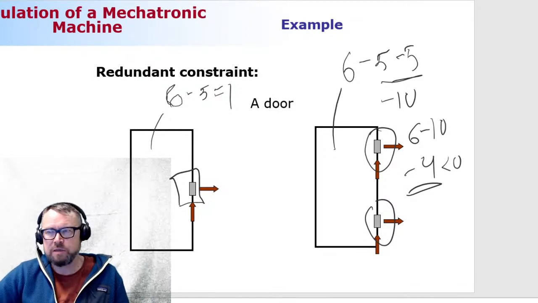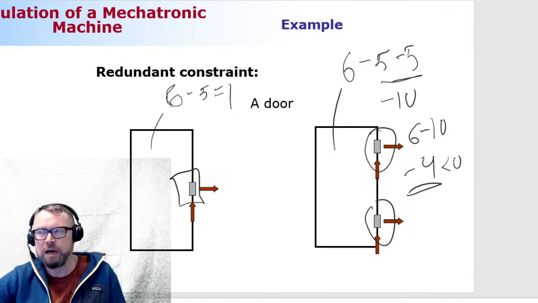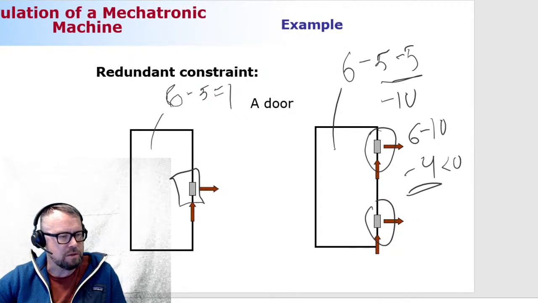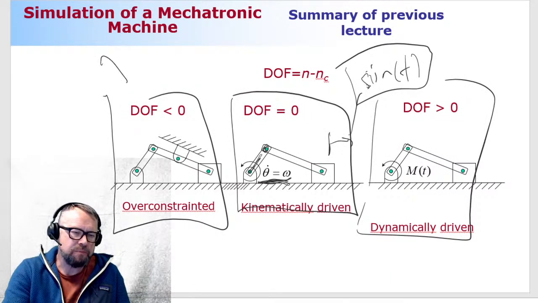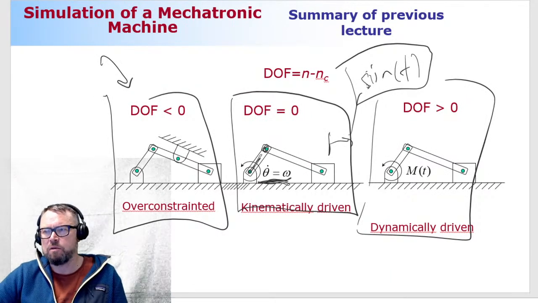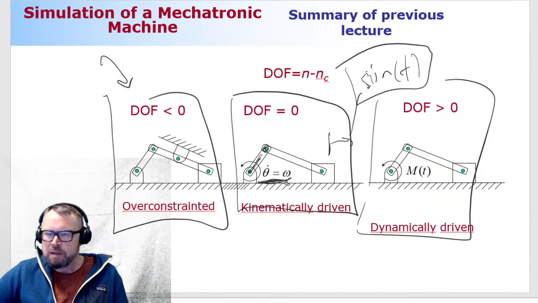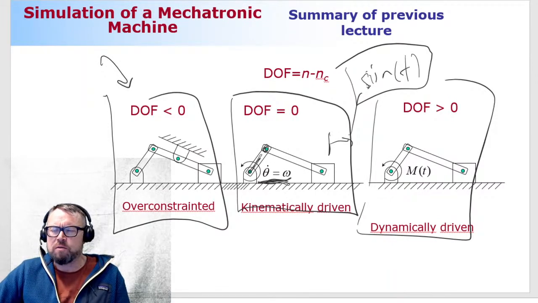And less than 0, if we go back to, where is it, this slide, is our over-constrained system. This is a system that cannot move. Have you ever seen a door move? Yeah, a door actually can move.